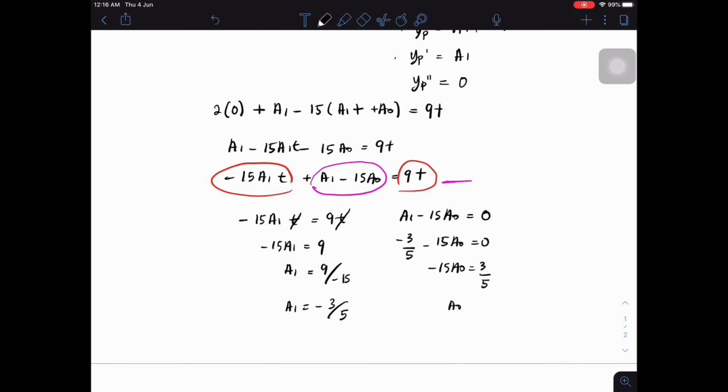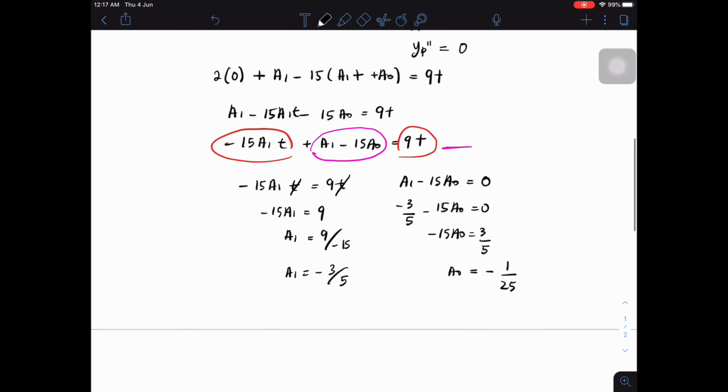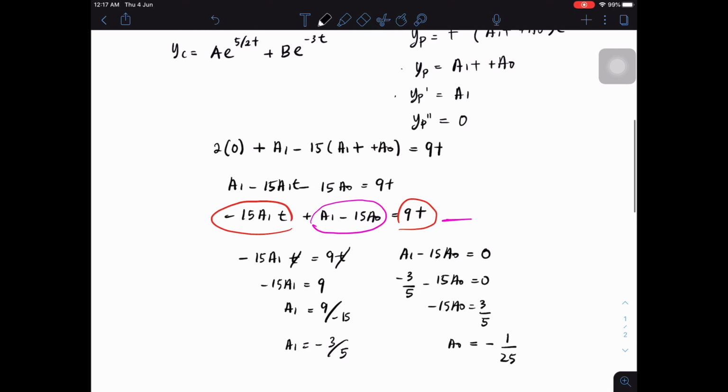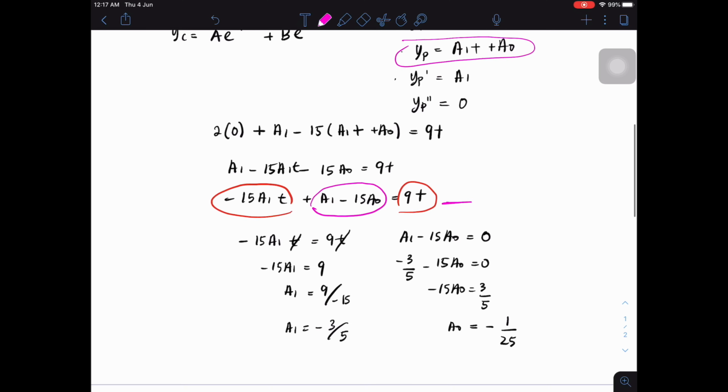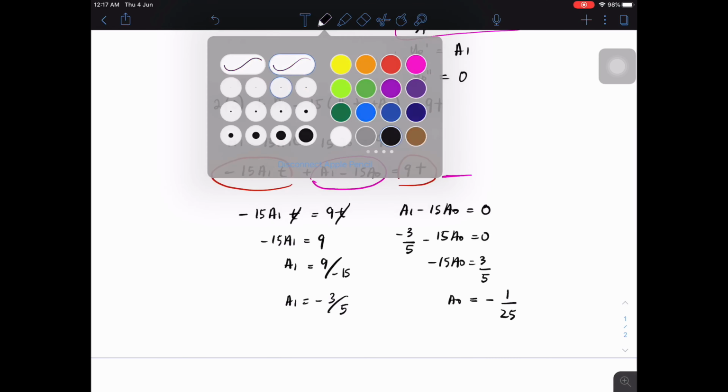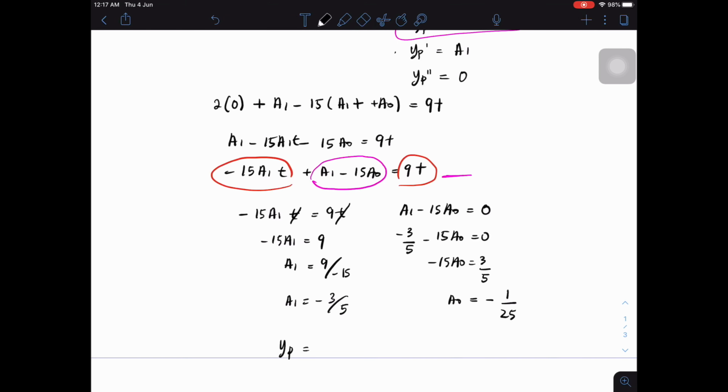Therefore a0 is equal to negative 1 over 25. We already have a1 and a0, so we can substitute the values inside our yp here. Therefore, we have yp equal to negative 3 over 5 t minus 1 over 25.